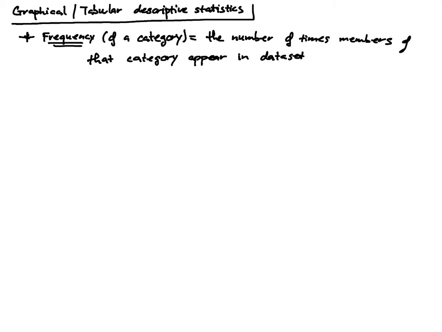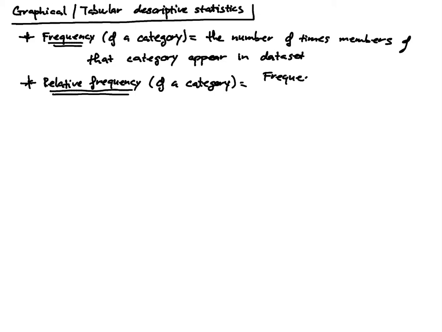So given the information on frequency, we can calculate the relative frequency of a category by dividing frequency by the total number of observations.